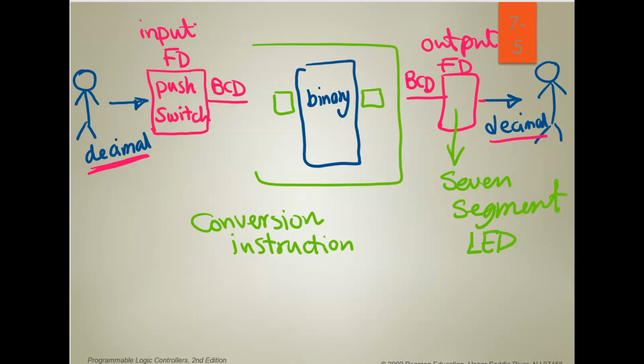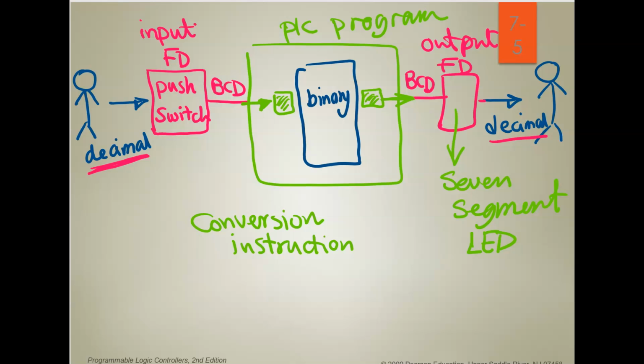So those are instructions in your PLC program. The execution of the program will be in the form of binary, but all binary coded decimal can first be converted within the program into binary values, and at the end, when the program is completely executed, they can be converted into binary coded decimal, so we can feed them into our 7-segment LEDs. That's where we need to have conversion instructions.